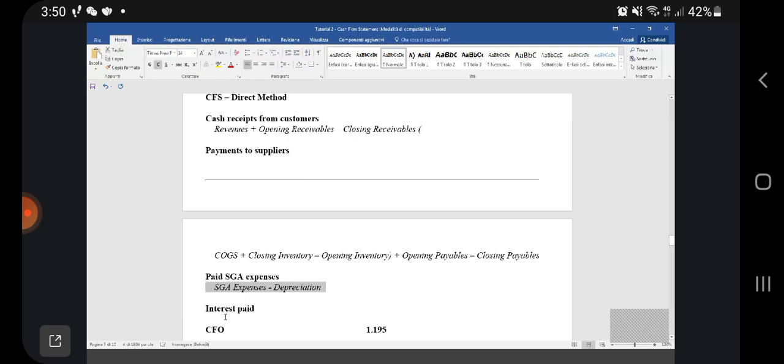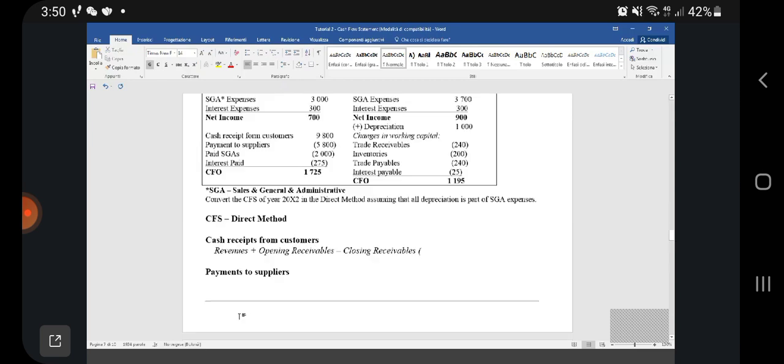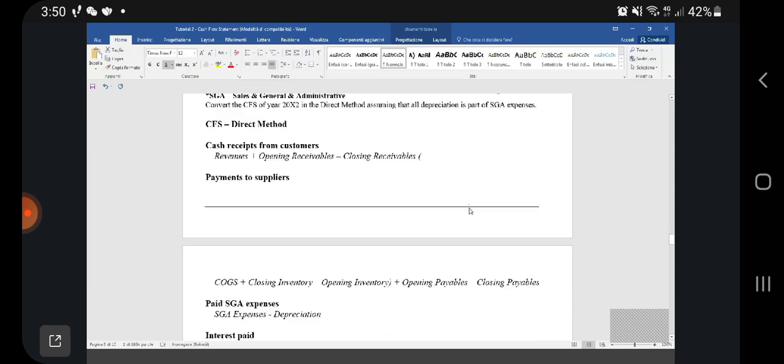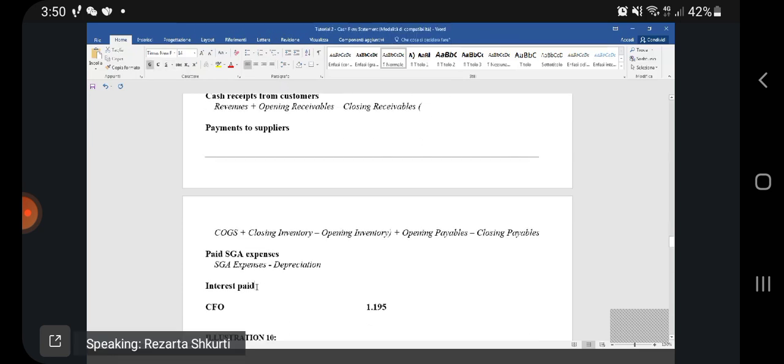And for the interest paid, let me see. Okay, we have an interest payable over here at the indirect method. So probably you need to take into account the formula that we introduced this morning.